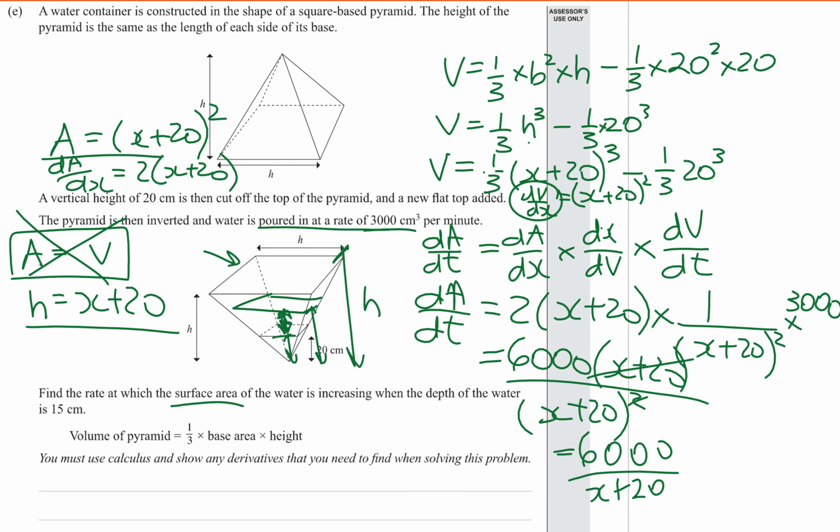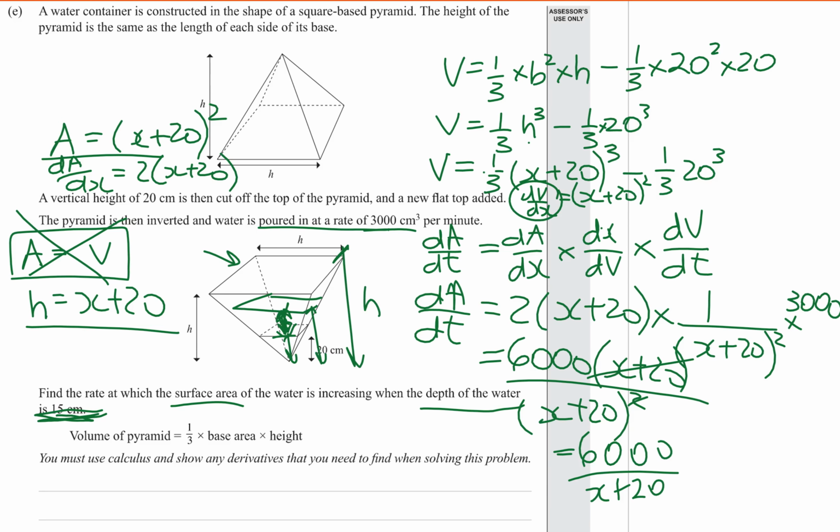Now it says here find the depth of water is 15. So this is where, if you've used H, you have to figure out an expression for H. I'm using the depth of water as 15. Can everyone see that now? X is there, talking about the depth of water.